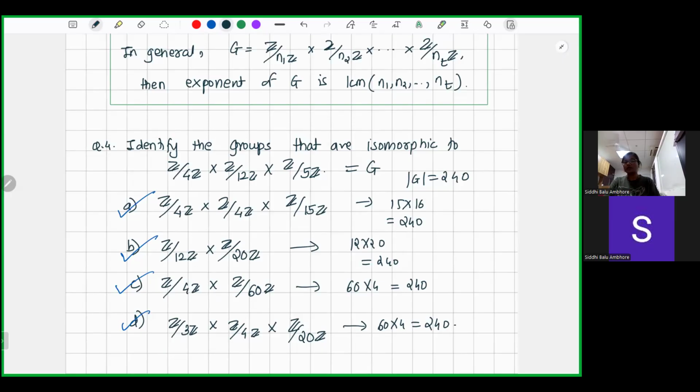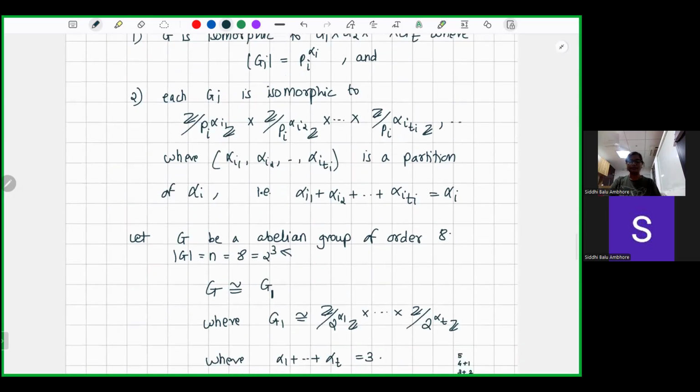I mean, all the four groups will be isomorphic to this given group.